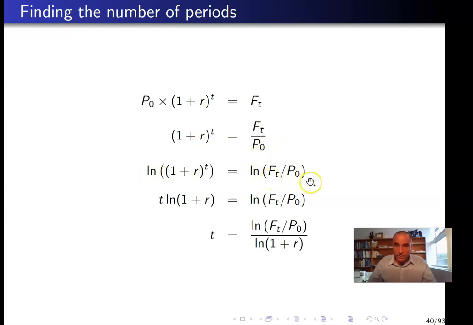If I take the log on both sides of the equation, the equation still holds; it's the function of the same term. So the t here can be put in front of the logarithm, which means that the number of periods needed is the log of Ft divided by P0 over the log of 1 plus R.